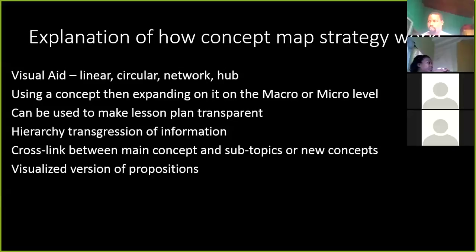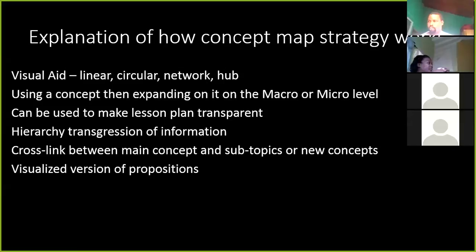Also, in concept maps, you have the main concept and then the subtopics that come off of the one main one, or moving forward into new concepts. The cross-links are the lines between the two topics, and sometimes those lines can have arrows.